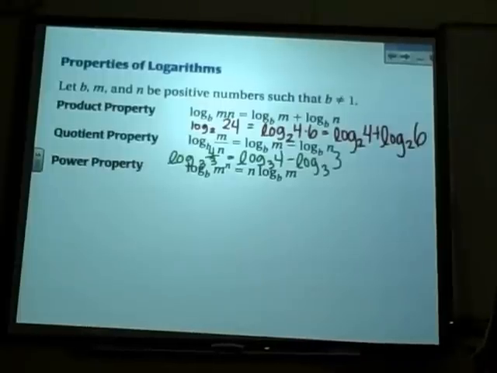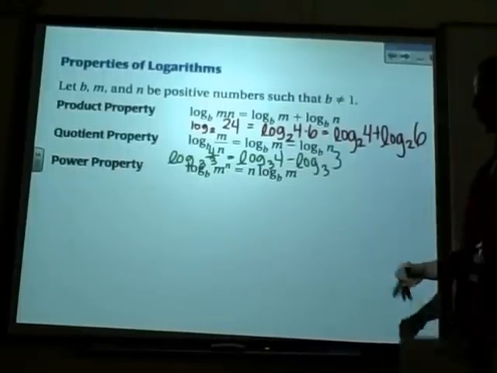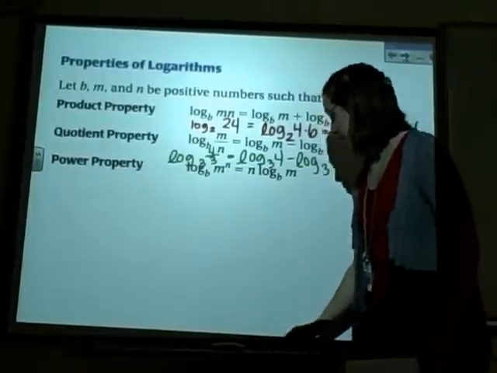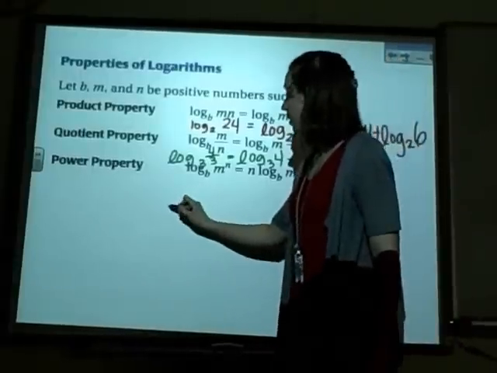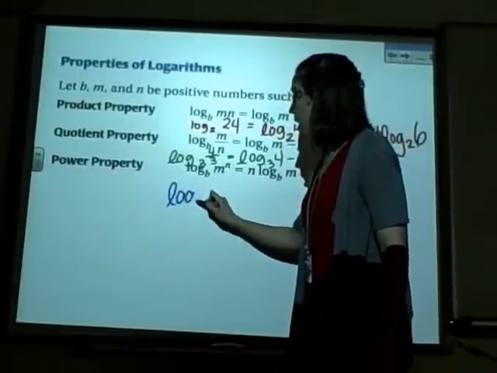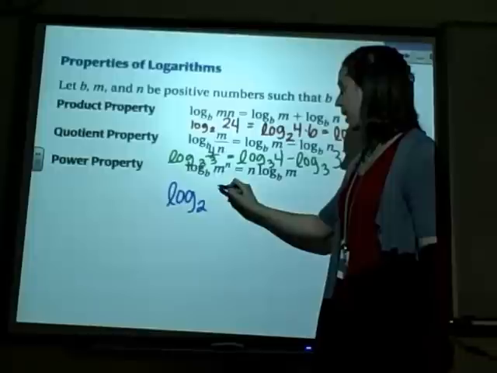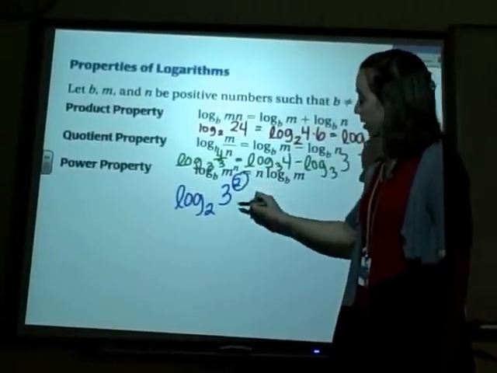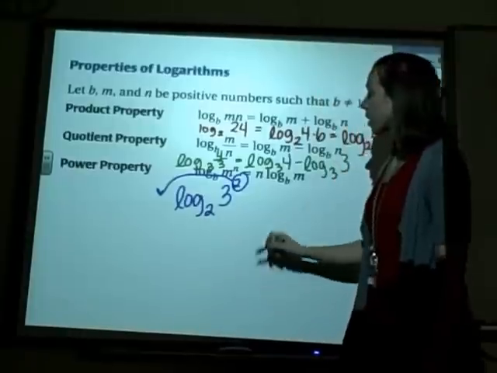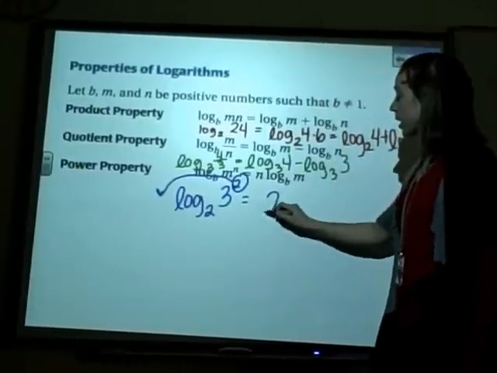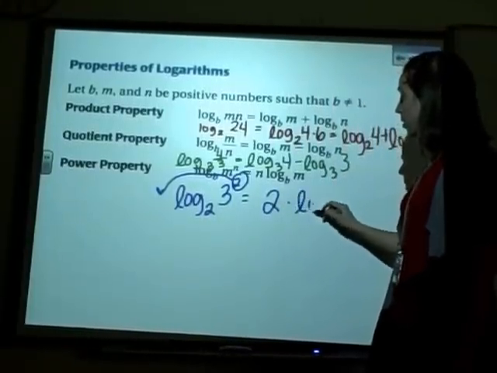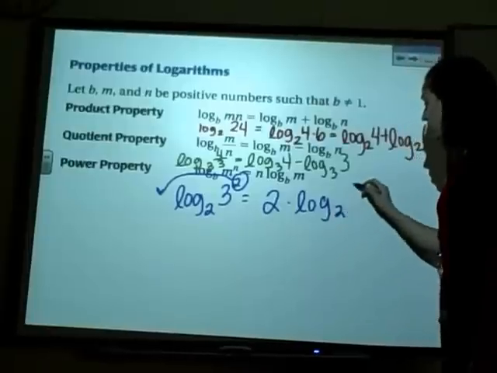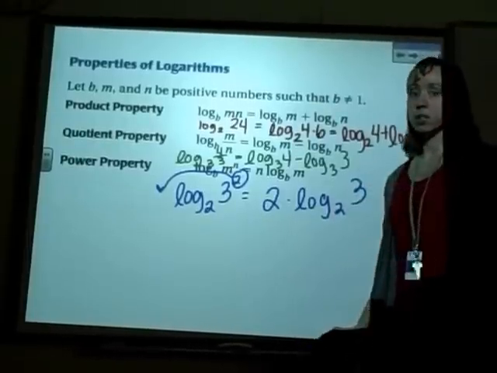You guys have used properties before. You follow it literally. My power property says if I have log base 2 of like 3 squared, I can take that exponent and move it to the front of my logarithm. I can rewrite that as 2 times the log base 2 of 3.